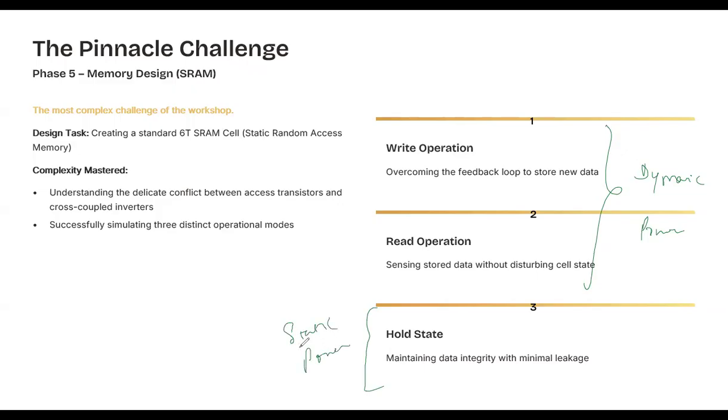In memory, we call static power leakage power also. And we saw how access transistors and these cross-coupled inverters have a delicate conflict, and we successfully simulated all three operational modes.